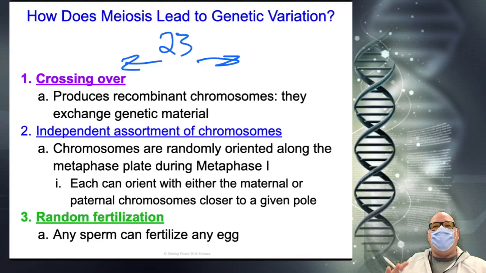So I'm going to kind of try to wrap up this whole lecture here. All right. The big thing you need to take away, yes, it's how meiosis works, but what's the point of it? Okay. The biological point of it is genetic diversity in sexually reproducing species. Okay. Sex is expensive.